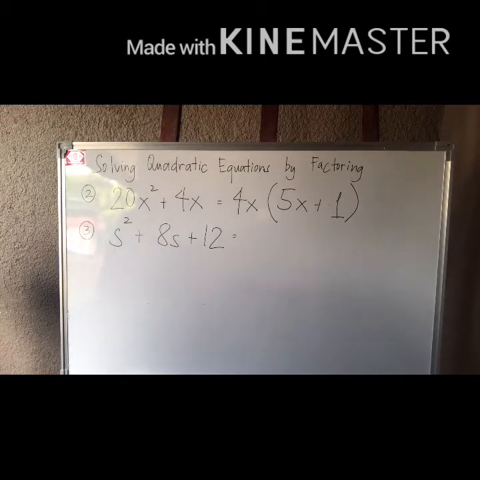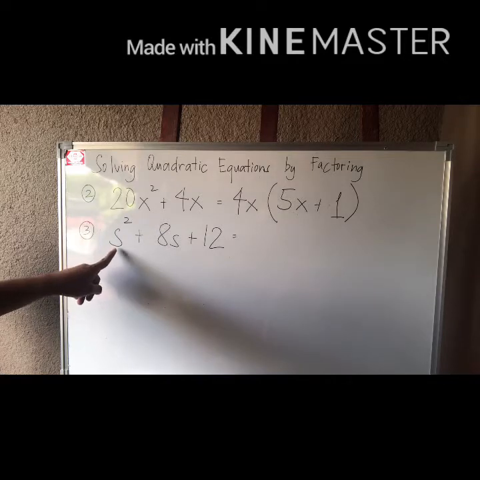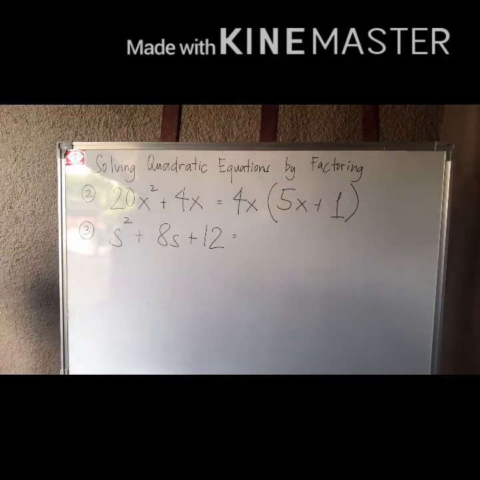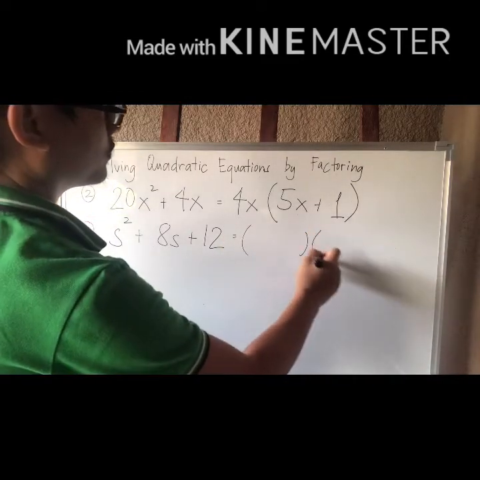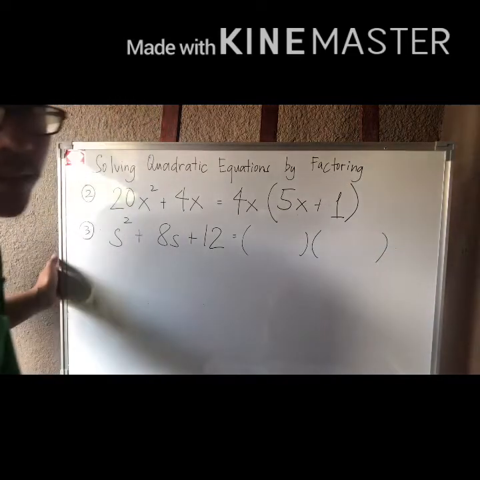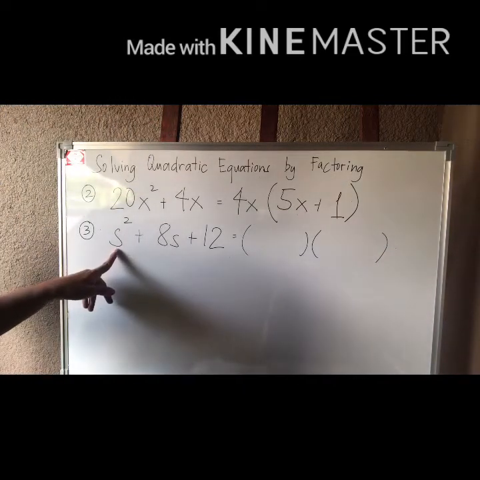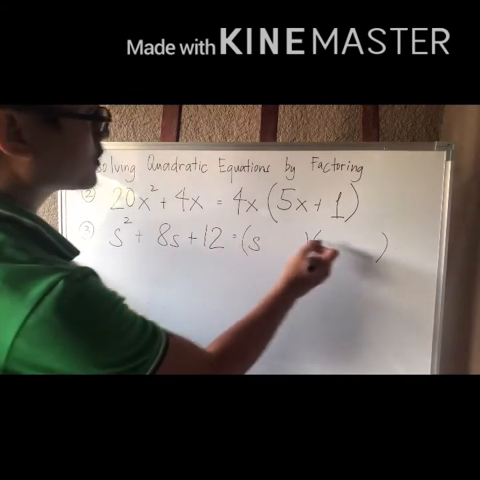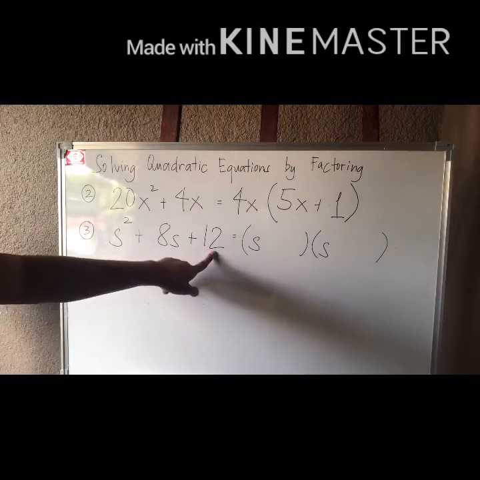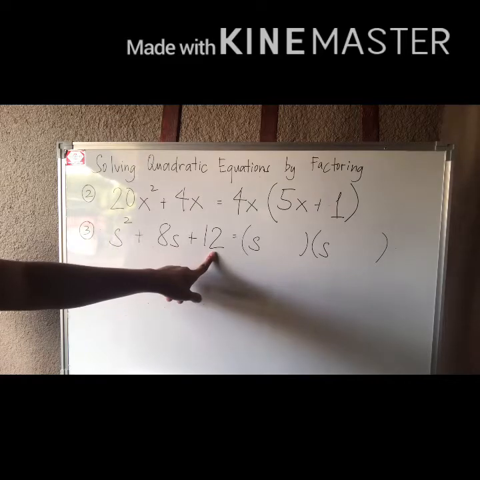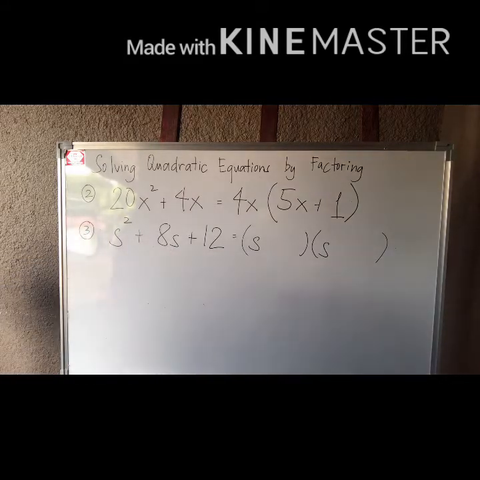So what we're going to do is to get the factors of the first and the third term. Okay? We're going to have two pairs of parentheses. So the factors of s squared is s and s. Now, we think of factors of 12 that will give us the sum of 8.